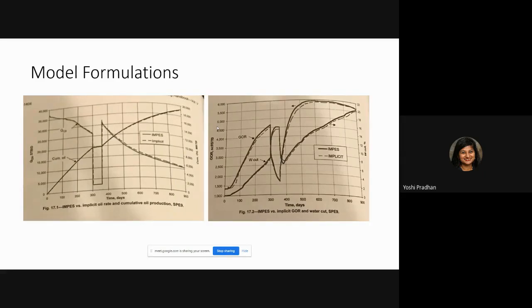So you'll notice that IMPES is in the solid black line and implicit is in the dashed line. And you get some similar results where the IMPES looks like it's overestimating the GOR compared to the implicit. And in this case, IMPES is underestimating your cumulative oil or your rate compared to implicit.